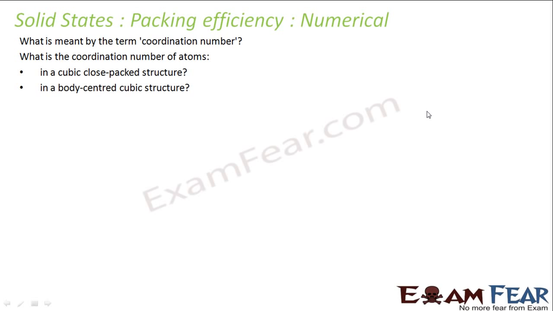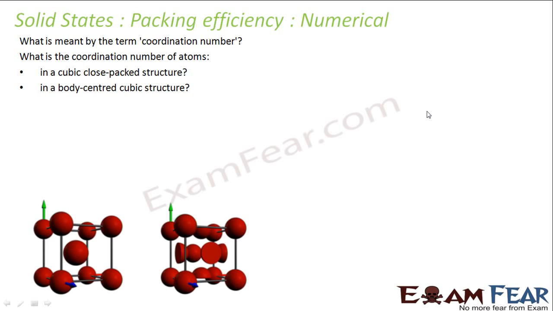Question is, what is coordination number? Coordination number is nothing but the number of nearest neighbors. The sum of the nearest neighbors is called coordination number. And what is the coordination number in case of cubic close packed structure and body centered? This is my cubic close pack, this is body centered. So we know that in cubic close packed structure we have coordination number 12, and here we have coordination number 8.